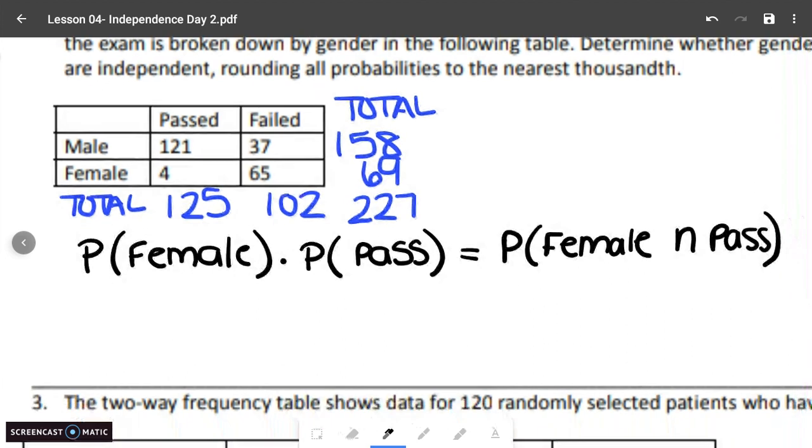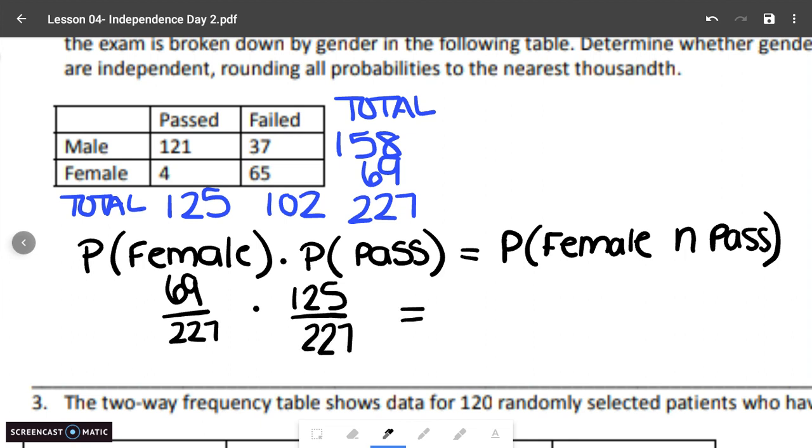So remember, your probability of being female is 69 out of the 227 participants times the probability of passing, which would have been 125 out of 227.